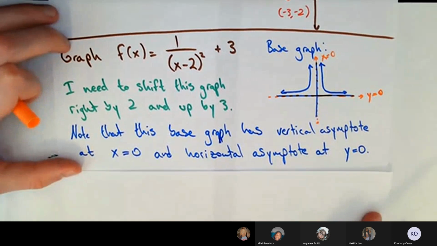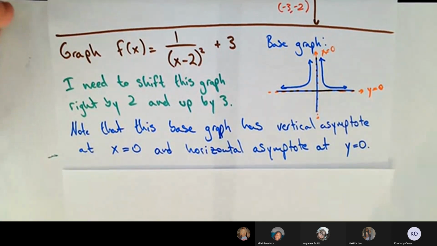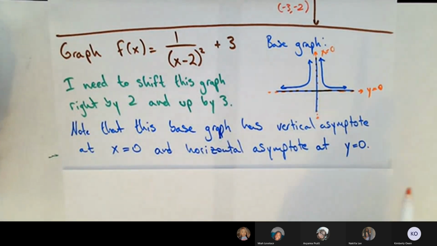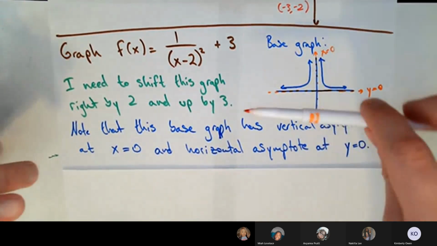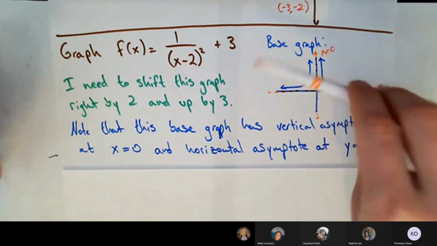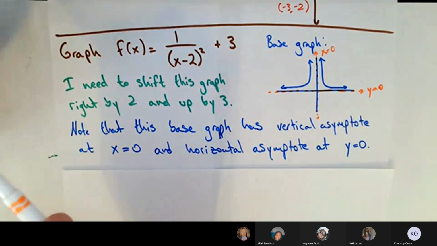Okay, so why do I algebraically notate these? Well, because now I'm going to talk about shifting the asymptotes of this graph. That's what's going to help me anchor. These are going to be like my anchor points, but they're not points, right? They're whole lines. These are going to be my anchor lines, and that's how I'm going to do these shifts.